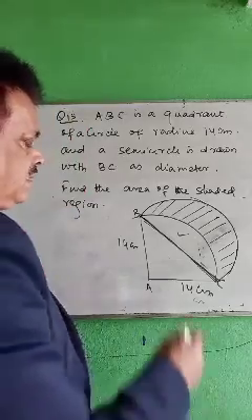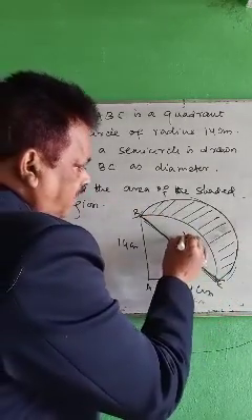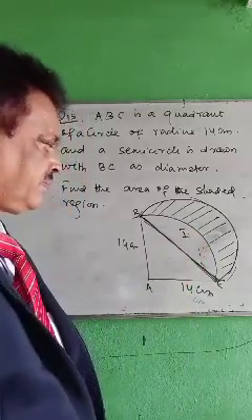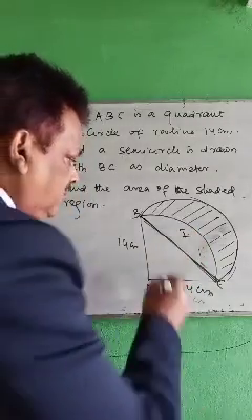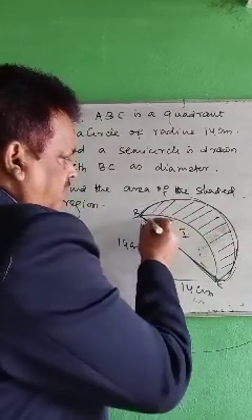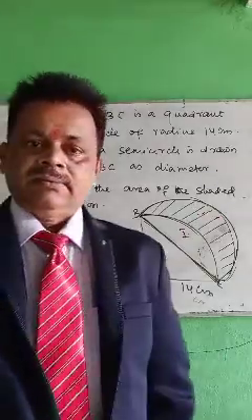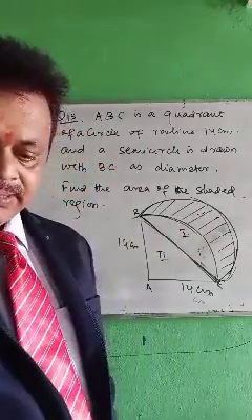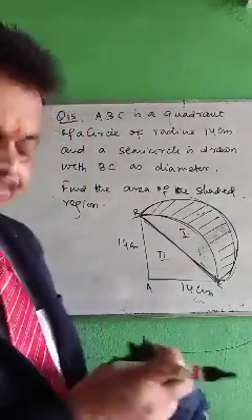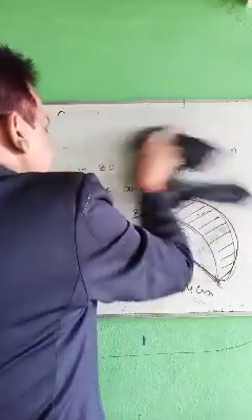Now you have to remove part 1 from the semicircle. This is your part 2. From this semicircle, you have to remove your part 1. Then only you will get the shaded part. Okay. So let me write down that one. Area of shaded region.